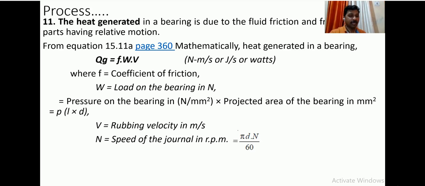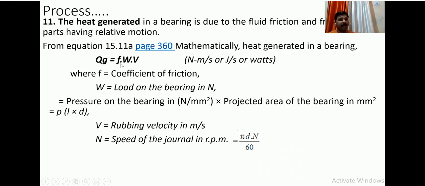So the heat loss in the friction will be the radial load into the velocity of the journal. This velocity should be in meters per second. By multiplying this product of radial load and velocity in meters per second by the coefficient of friction, we will be able to find out the heat generated.